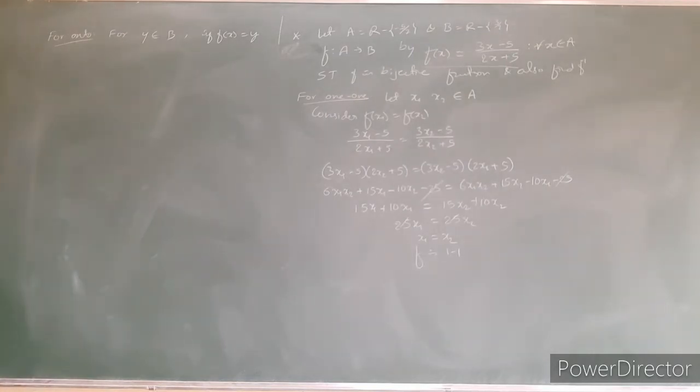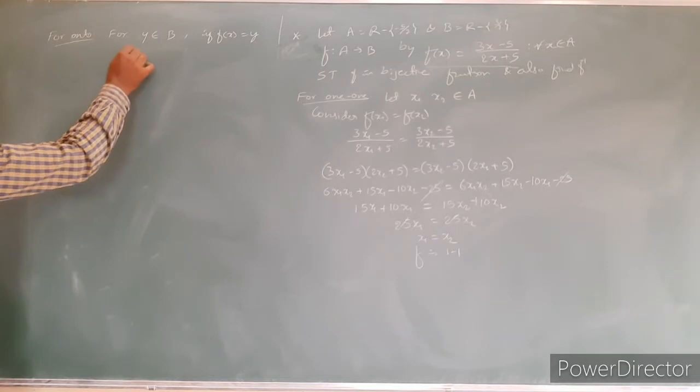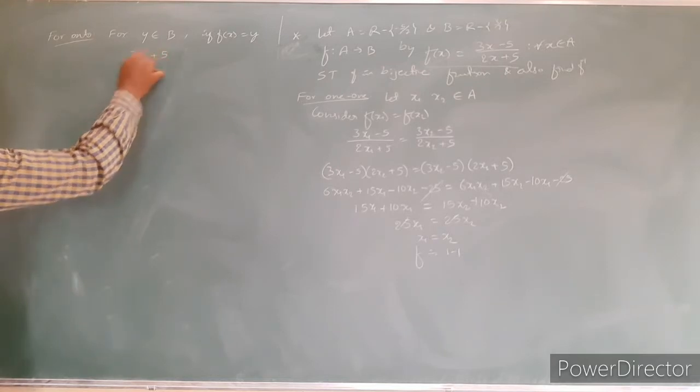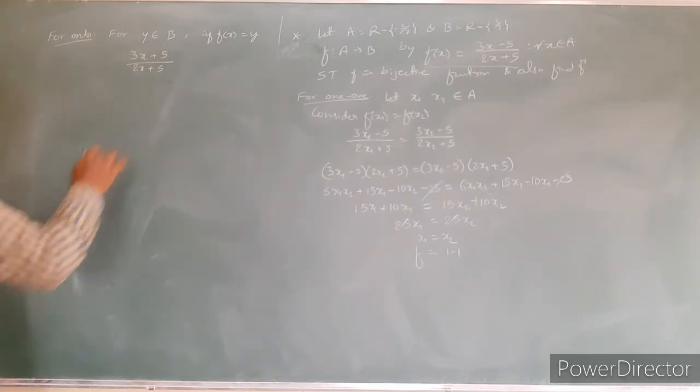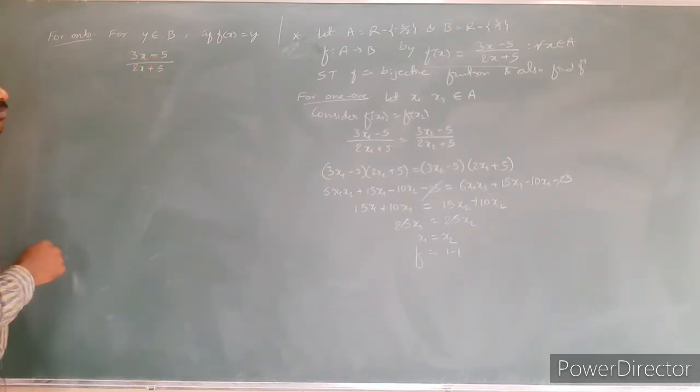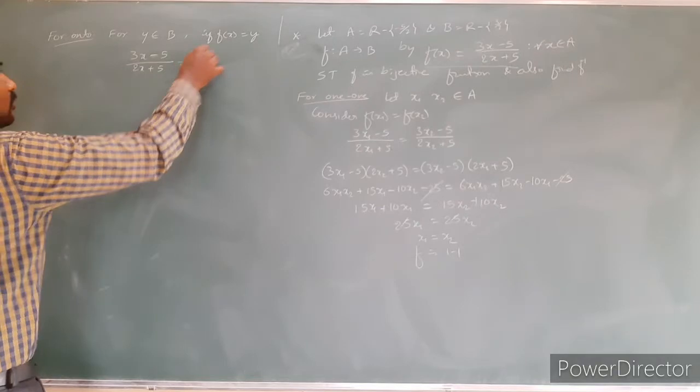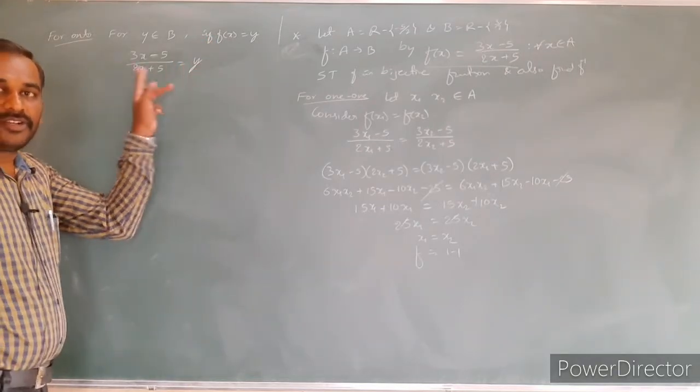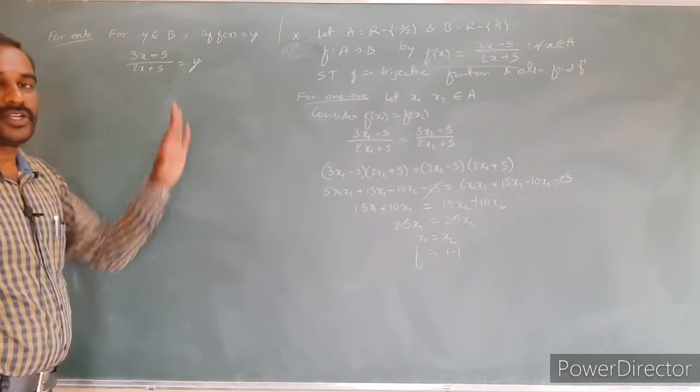Replace the f of x. What is the f of x value? 3x minus 5 divided by 2x plus 5 is equal to y. Here the y value is in terms of x; get the x value in terms of y.